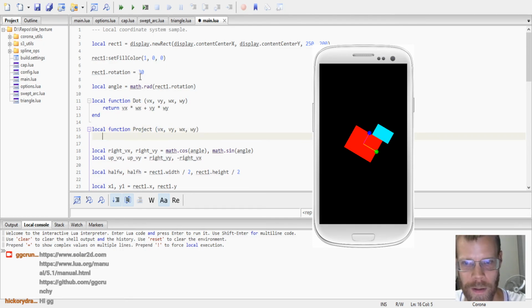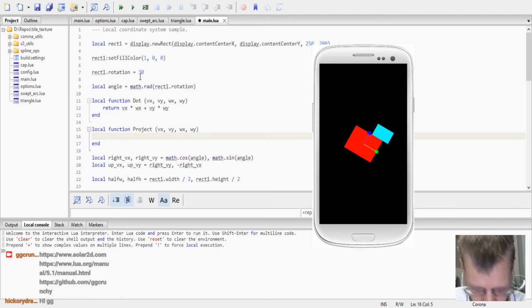And for that thing we were showing, we would do dot ex, ey, wx, wy, and then if we just want to make things follow that, we could work these numbers out, but we'll just do what we did before and put them explicitly here. So this is the projection.